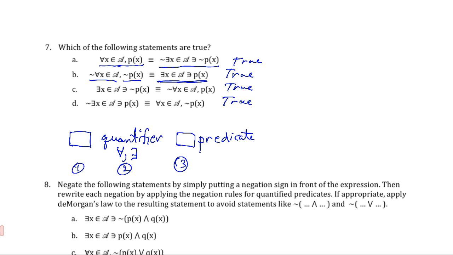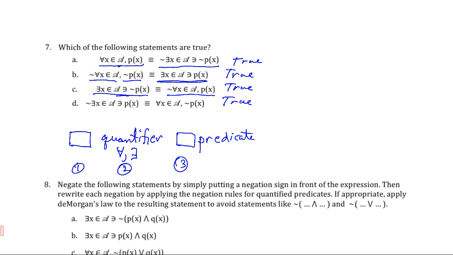For part C, and part D, we can similarly reason our way through. Here for part C, it says somebody is not wearing a green shirt. And then on the other side, it says it's not the case that everybody is. Saying somebody isn't is the same as saying it's not the case that everybody is.